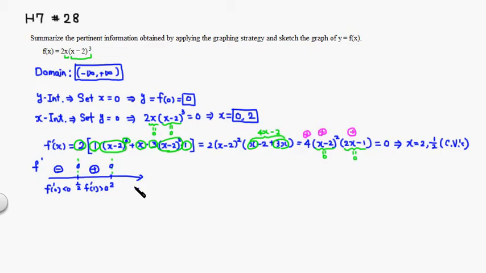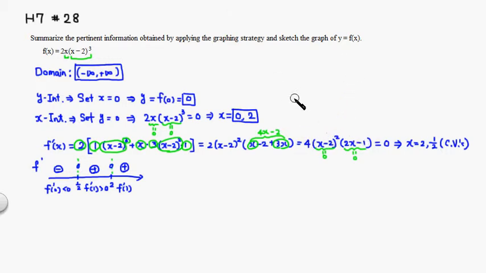After 2, we can try f prime of 3. If you plug in 3 here, 2 times 3 minus 1 is positive, so it's all positive, so it's going to be positive there. All right, so we have that. I can erase this.